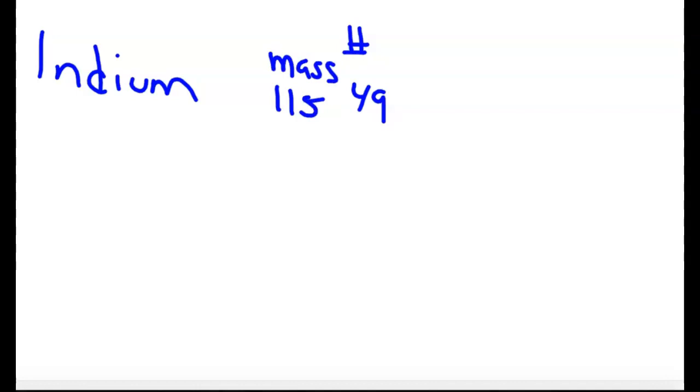Then my number of neutrons is mass minus atomic number. With my calculator, 115 minus 49, and I get 66. So neutrons is 66.